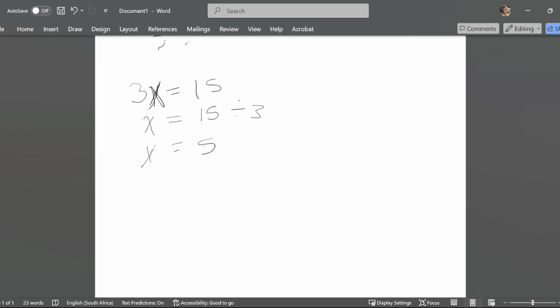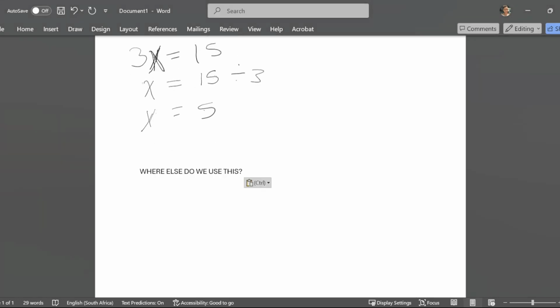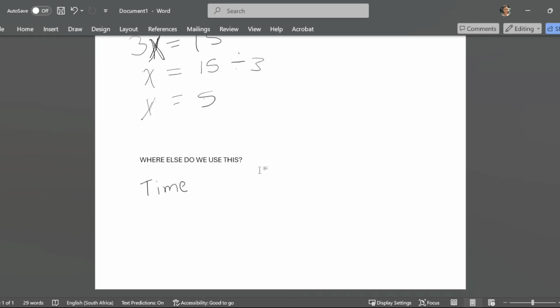Now, where else do we use algebraic expressions and equations? We use algebraic expressions and equations in many places in real life. We would use it in time to determine distance.